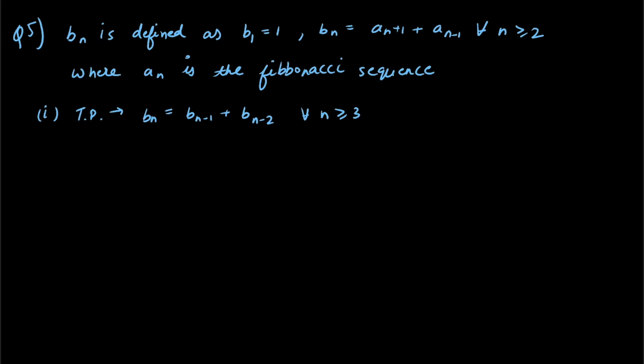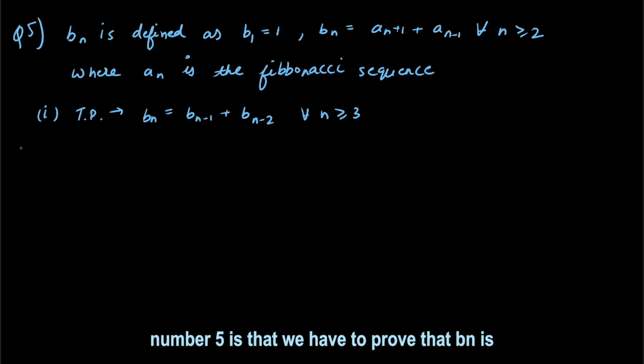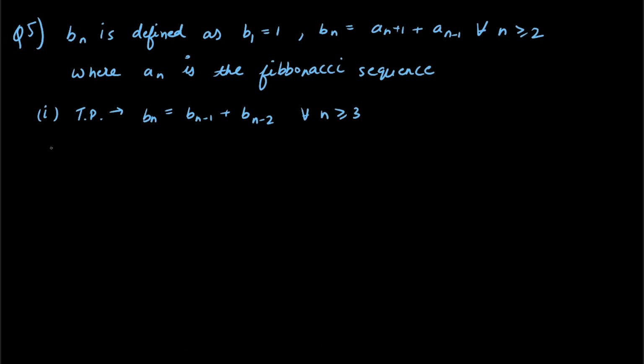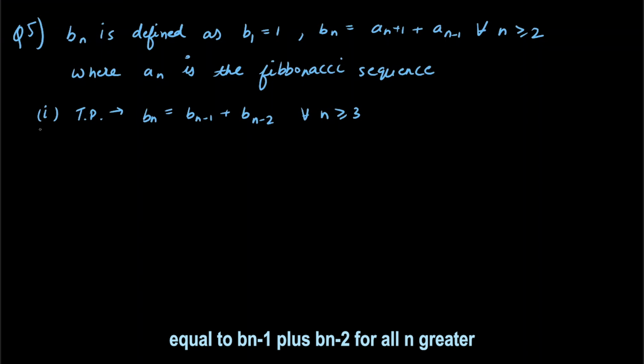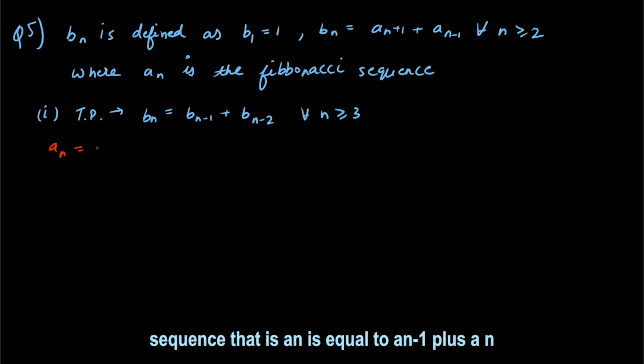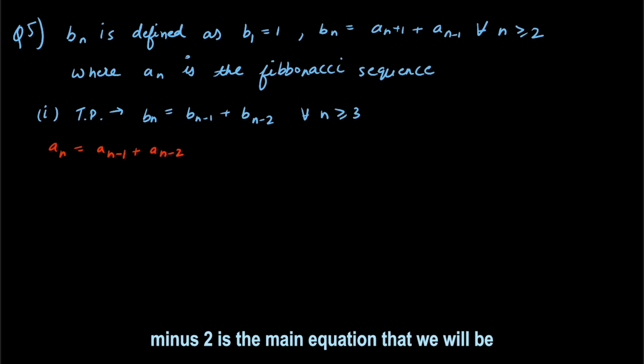So the first part for question number 5 is that we have to prove that Bn is equal to Bn minus 1 plus Bn minus 2 for all n greater than or equal to 3. For this, we'll mainly use the recurrence from the Fibonacci sequence, that is An is equal to An minus 1 plus An minus 2.